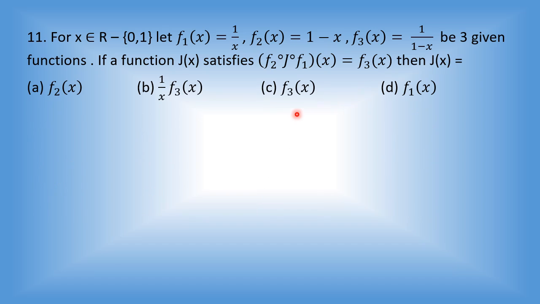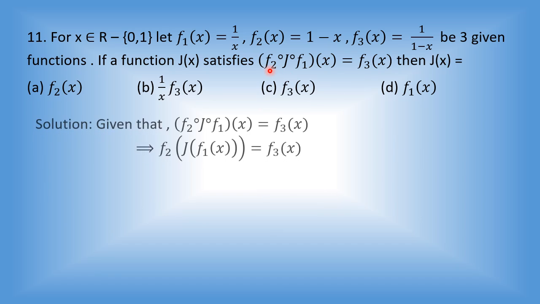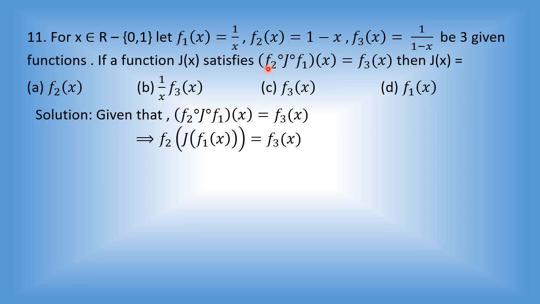Out of these 4, we have to find which one is the correct option. We know the definition here: f2 composite j composite f1 of x is nothing but f2 of j of f1 of x. First we simplify the innermost function, then move to the next one and the outermost function.